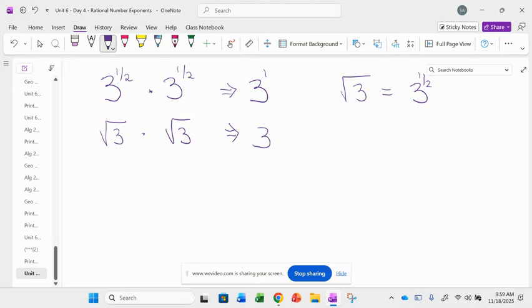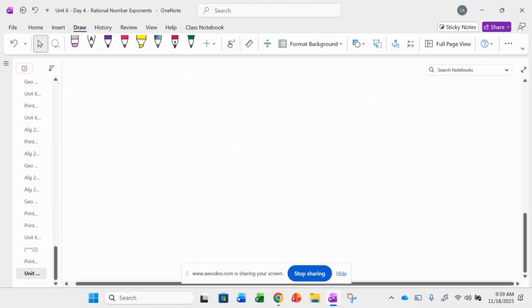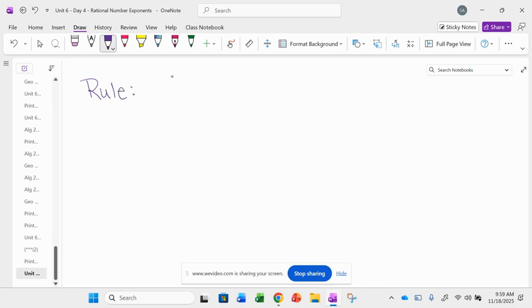So what is the rule? This is where you want to start writing down. So our rule is going to be, if I have the nth root of a to the m power, this is the equivalent of a to the m over n, and it goes both ways.